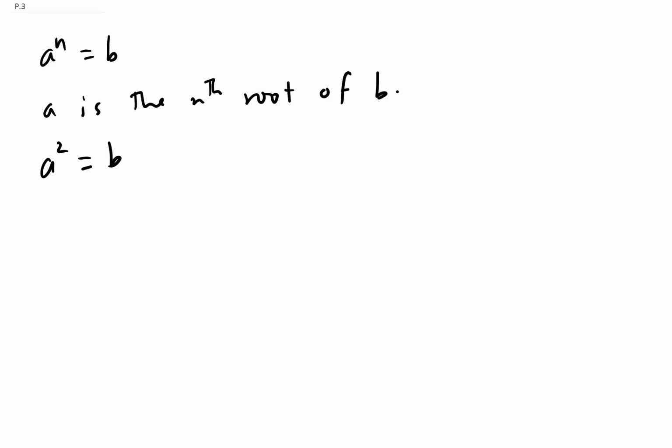Of course, when we are asked to work with a to the n equals b, where n is a positive integer, then a is the nth root of b. That's what it means. So if you have a squared equals b, then we say a is the square root of b.